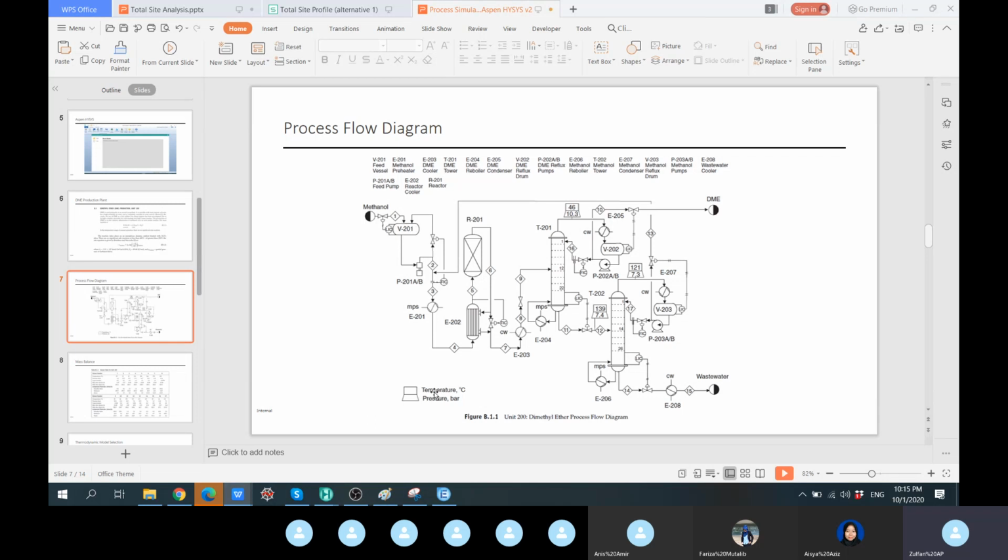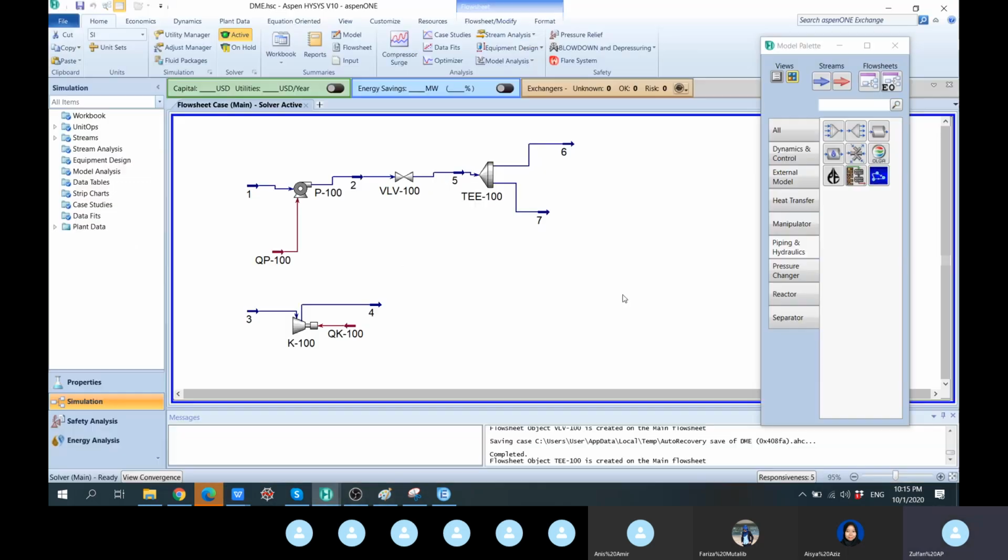It goes to the vessel V201. This one I can just delete, including the pump. Delete. So this stream goes to V201. That V201 is like a tank or a separator.